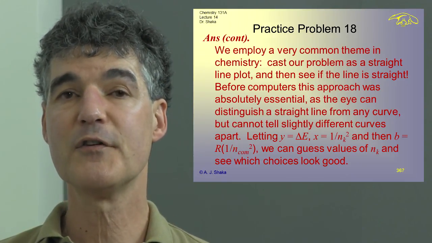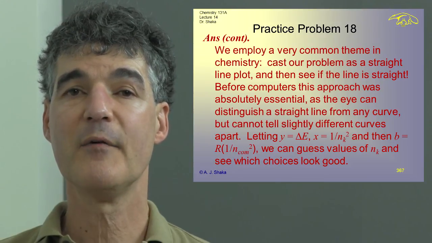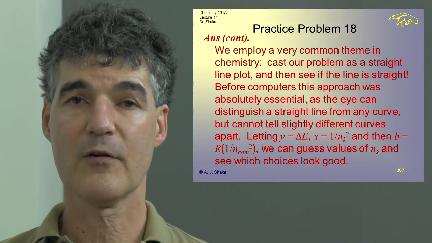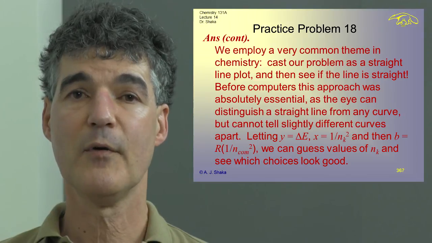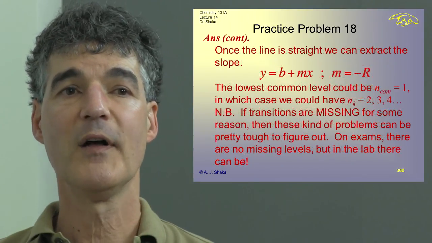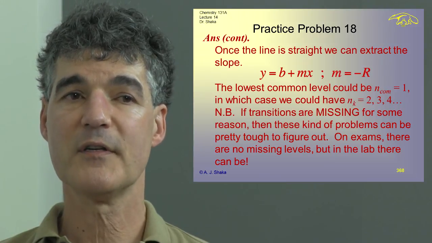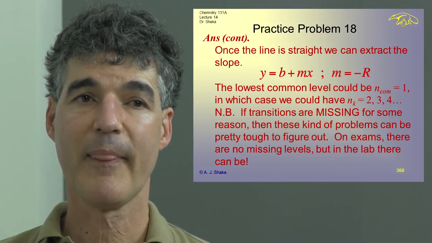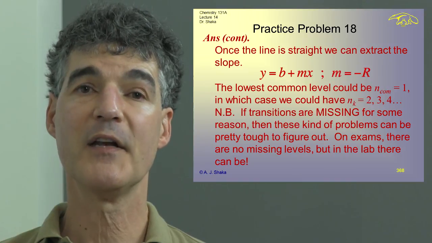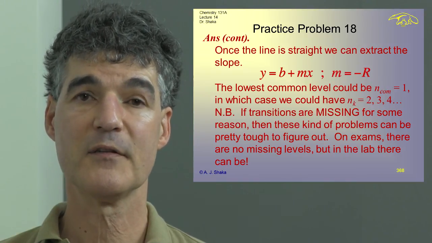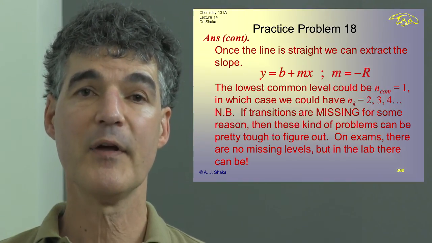So we have to assume a value of n common, and then we guess values of nk, all greater than that, and we see what looks good. Once the line is straight, then we can extract the slope, y equals b plus mx, and m in this case should be minus R, the Rydberg constant. Once the line is straight, then we can get R.